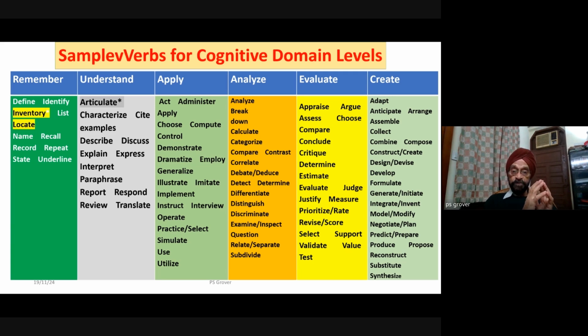So the cognitive domain, which is the domain concerning the knowledge and mental ability of the student, in order to train them, focus on these, ask the questions. You didn't ask the question, how can I focus it? You can focus it through your questions, through your assignments, through your projects.